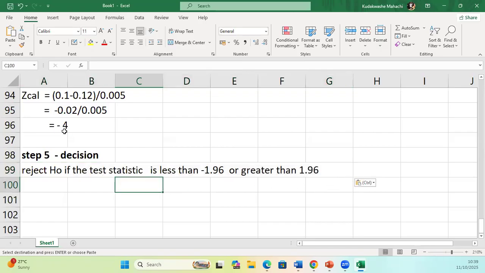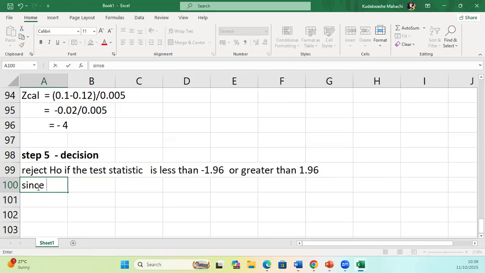Since the answer is -4 and -4 is less than -1.96, we reject H naught in favor of H1.